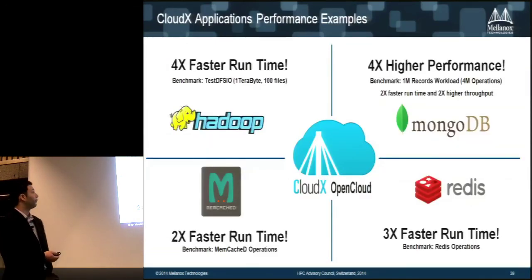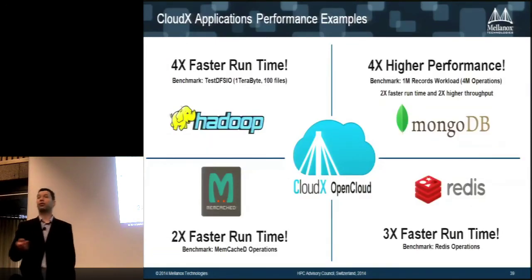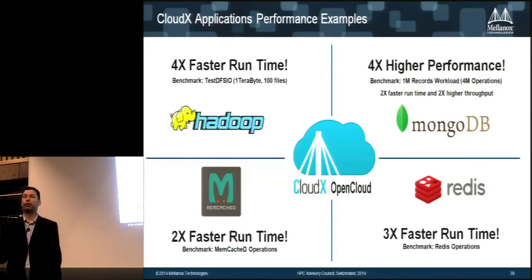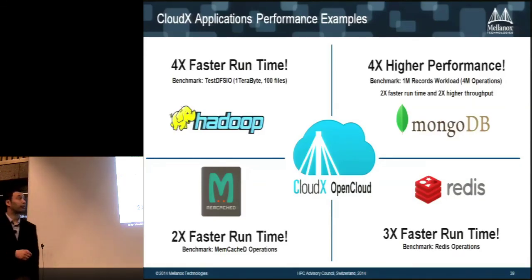And basically, we're seeing significant improvements in all those technologies that are also used for big data. So now you can use them not only on bare metal machines, but also on virtualized environments, and still get significant performance improvements compared to other clouds that don't focus on optimizing the network.